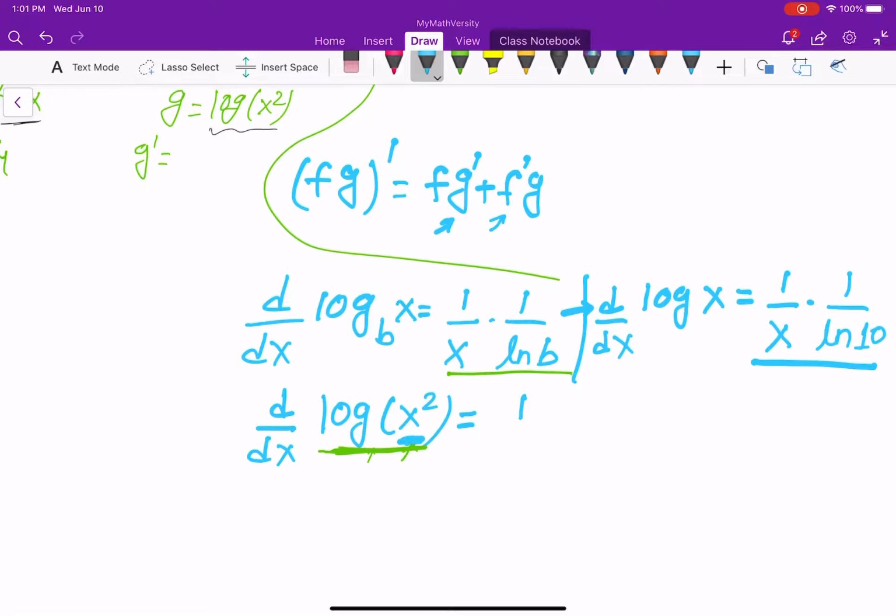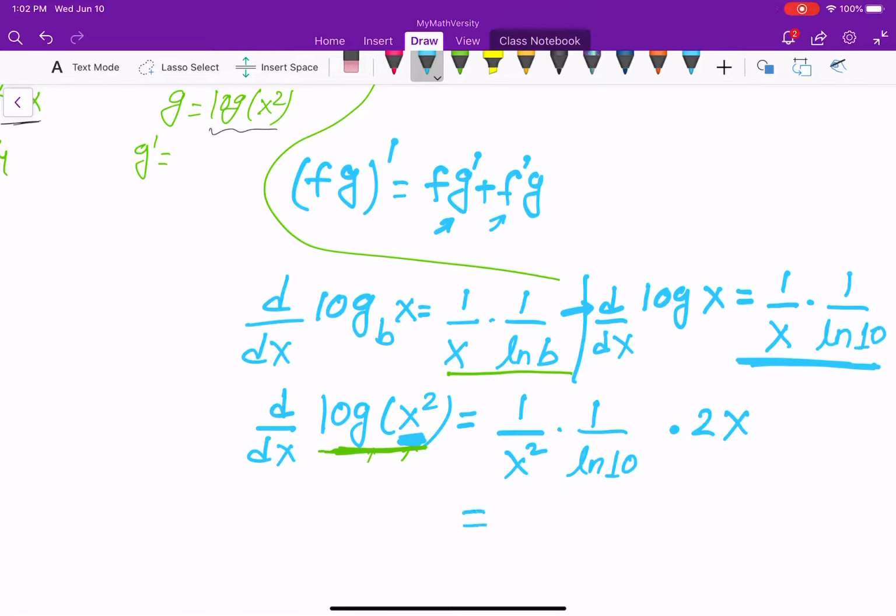So the derivative of log of x square will be 1 over, when you compose this function with x square, we get 1 over x square, right? We need to replace x by x square, times 1 over ln of 10. But now don't forget, because of the chain rule, we find the derivative, evaluate, and compose with x square, but we also need to multiply by the derivative of x square, which is just 2x.